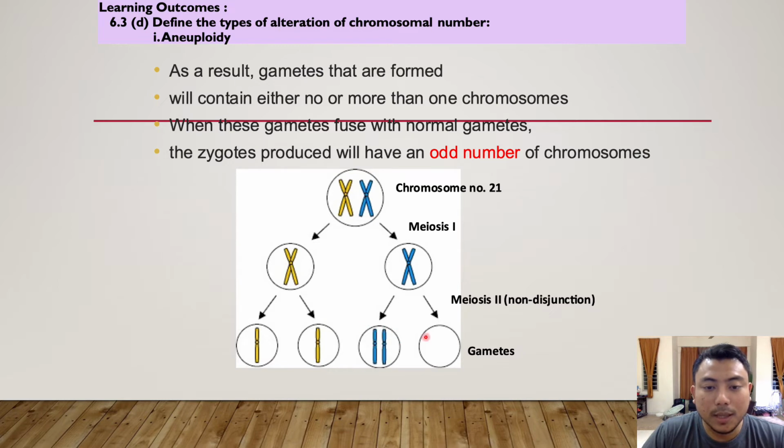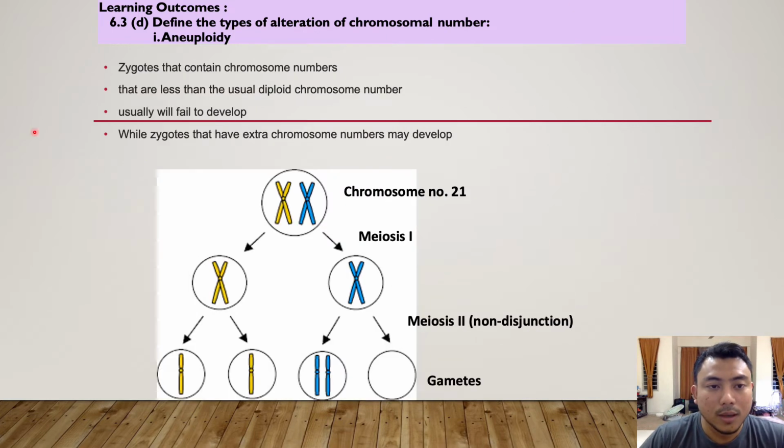Gamete contohnya sperm lah. The other one did not receive any of the chromosome 21. So, the zygotes that contain chromosome numbers that are less than the usual diploid number will usually fail to develop. Biasanya gamete ini fail untuk develop lah. While zygotes that have extra chromosome numbers may develop. Biasanya akan survive.